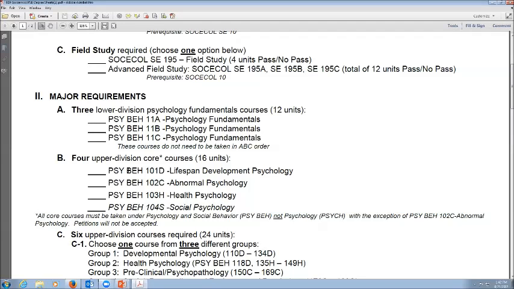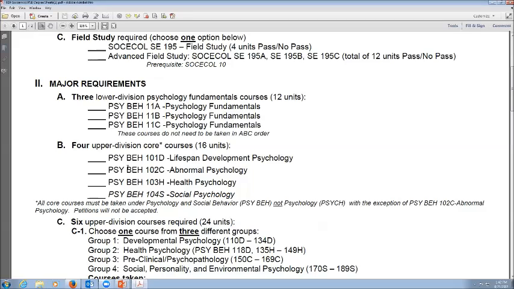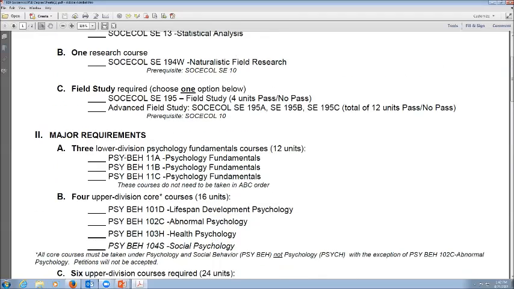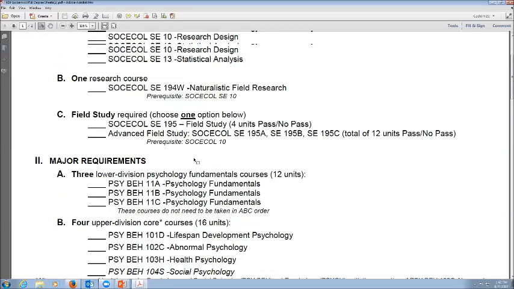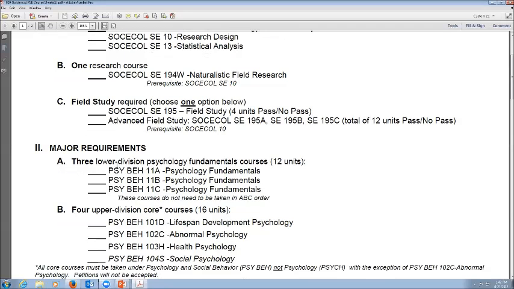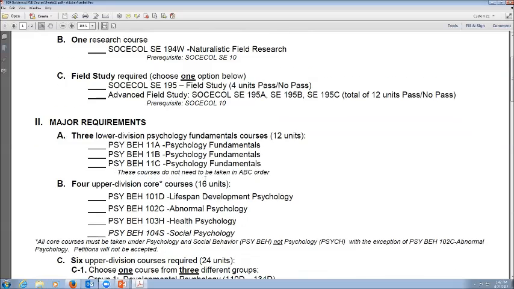And then we move on to the upper divisions, which is something that we do not expect you to take as freshmen. In fact, we would very firmly recommend that you stay away from them until you get most of your school requirements done and under your belt, and the Psych Fundamentals series as well. So if you're in another major, the same theory applies: your school requirements, and perhaps anything to do with your lower division major requirements, get that done before you embark on upper division.